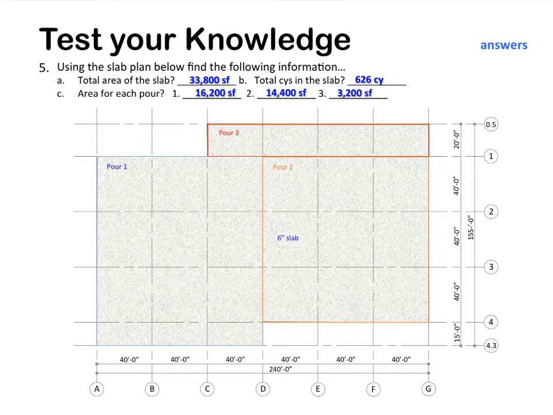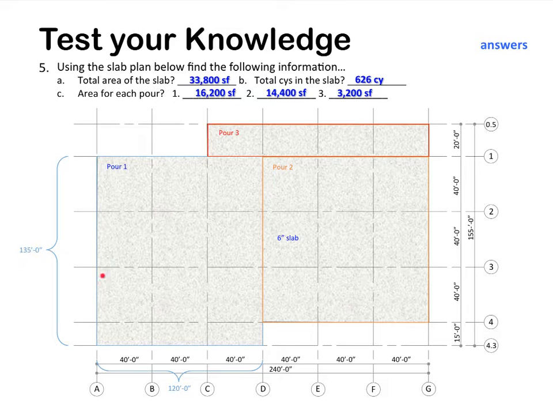Number 5. The total square footage of the slab is 33,800 square feet. Pour number 1, 16,200. Pour number 2, 14,400. And pour number 3, 3,200 square feet. The total cubic yards in the slab is 626 cubic yards. Some of the math that might be explained here is you had to add some of these areas together.